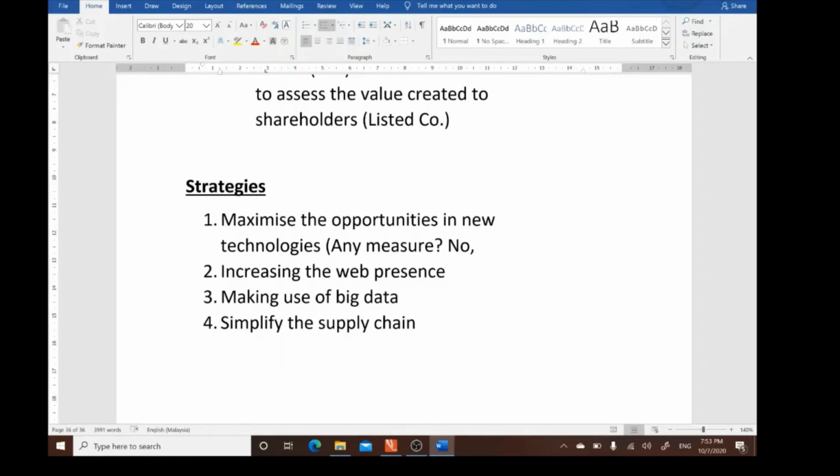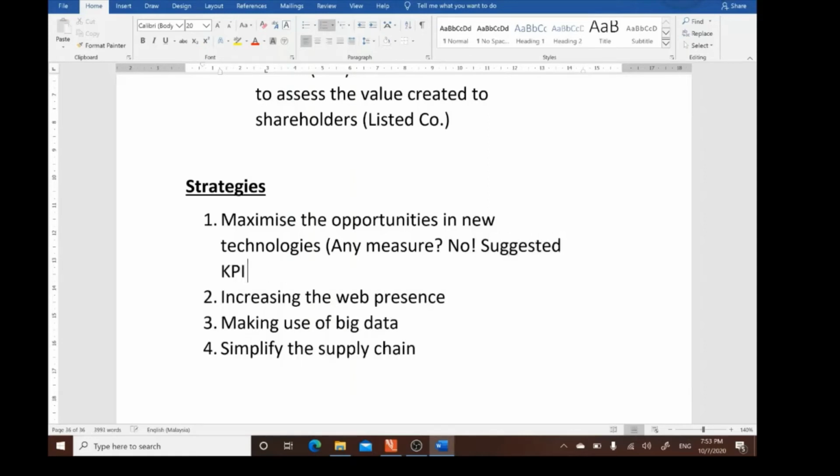Now, some students will probably start asking and say, no, Steffi, there is no measure. So what we can do, class, if it is none, no measure given, let's come up with a suggested KPI. So what could be the measures for us actually to look into? Okay, the data by itself does not show. And therefore, it's possible for you probably to look into any of the investment costs incurred.